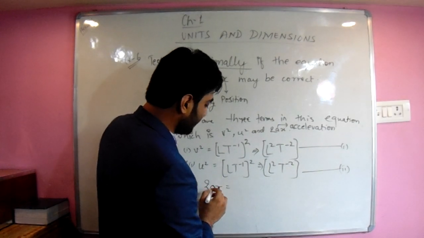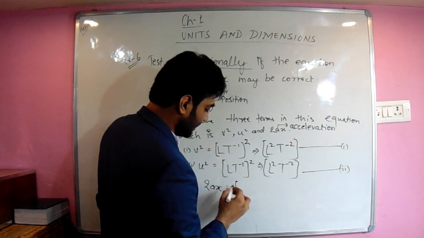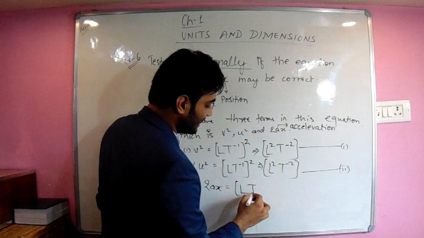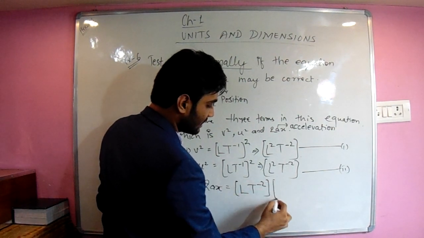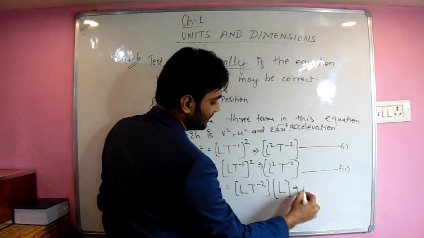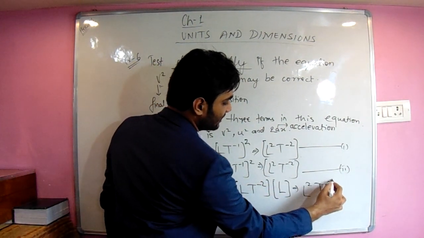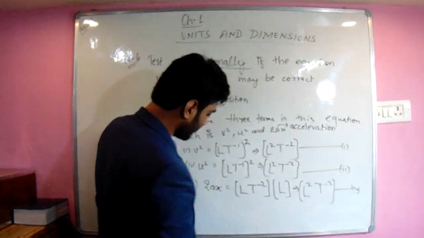A has dimension LT minus 2, and x has dimension L, so the total is L2T minus 2. This is equation number 3.